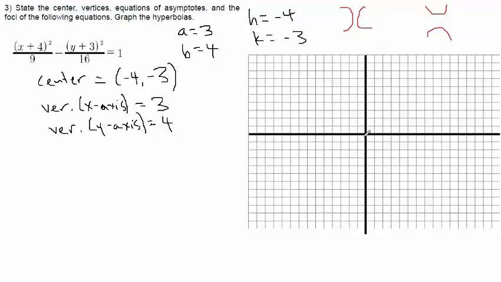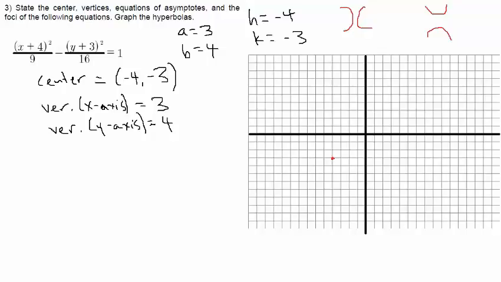The center was negative 4, negative 3: 1, 2, 3, 4, and 1, 2, 3. And, as we discussed when doing the material, because the x value is first, the vertices are going to be along the x-axis. So if you count along the x-axis, it would be 3 away. The red is the center.